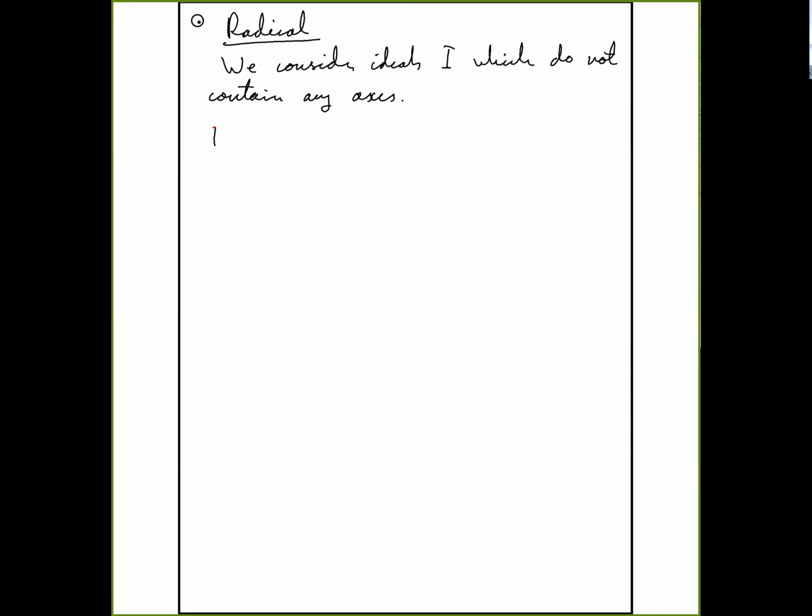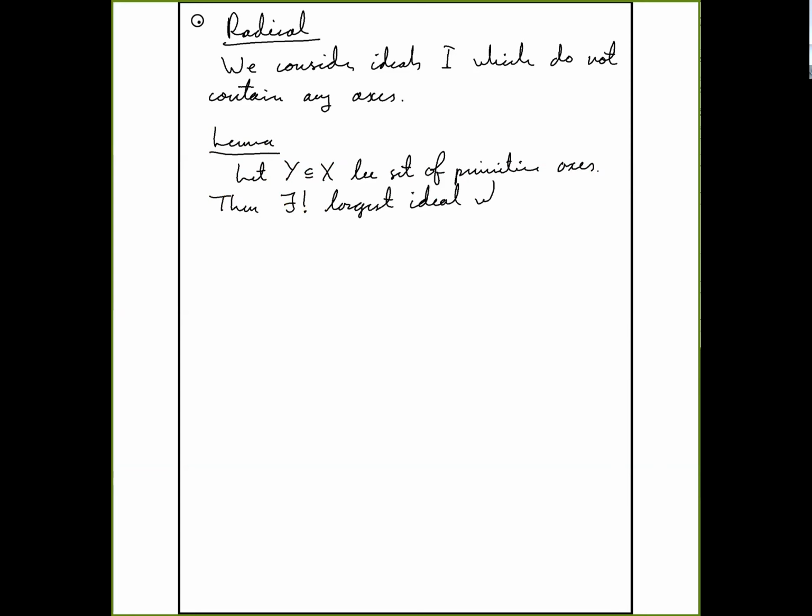Well, let's have our first result here. So let Y be some subset of axes, they're necessarily primitive. I'm only considering primitive axes here. Then there exists a unique largest ideal which contains no element of Y.